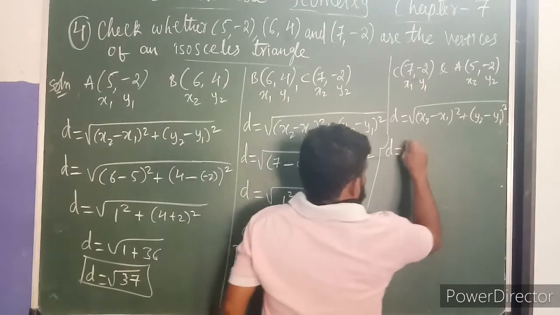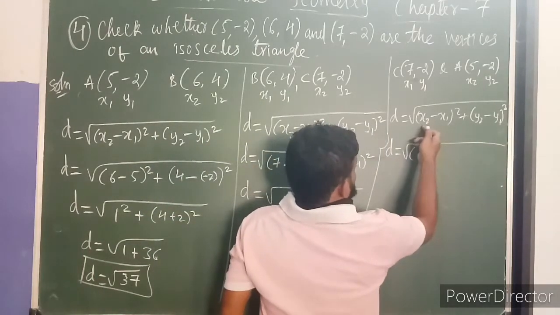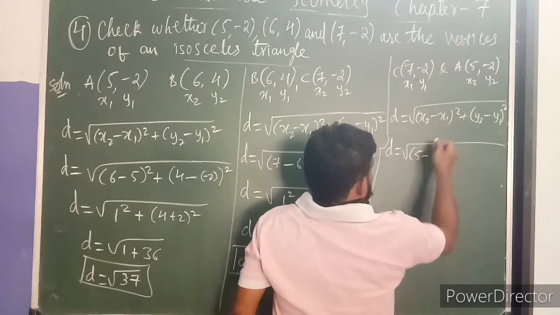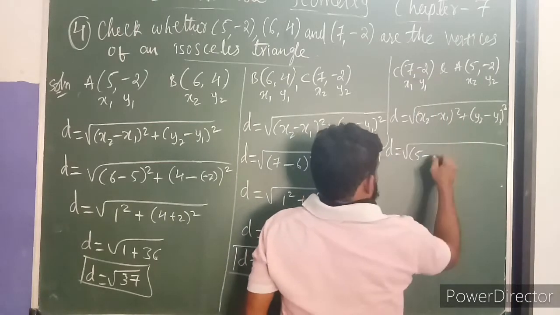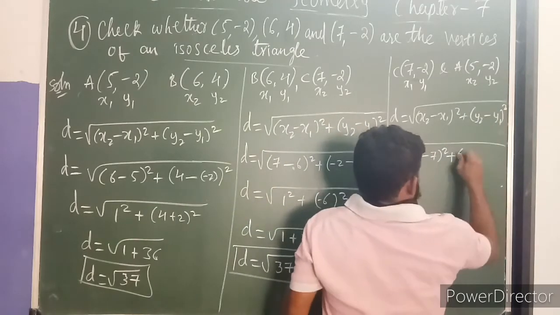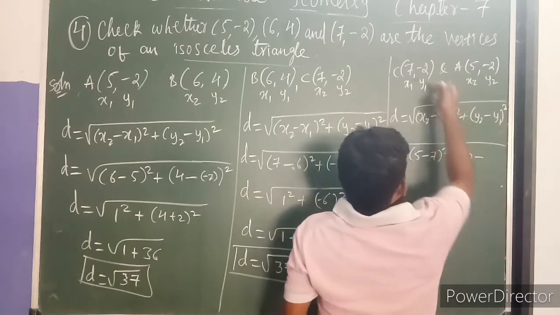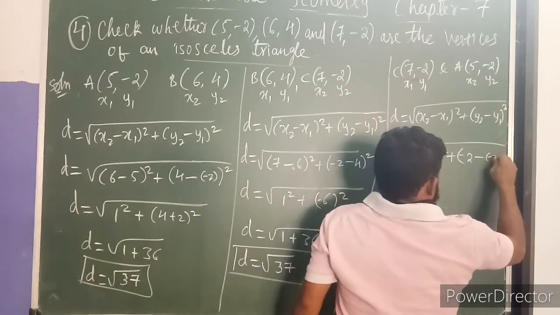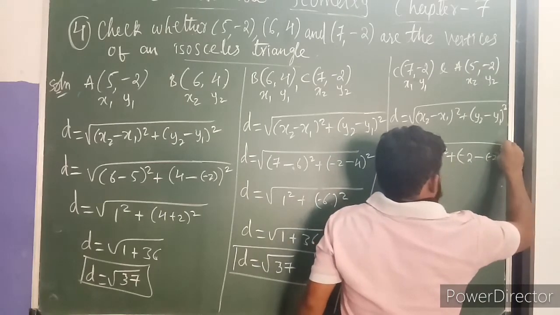Now this is equal to under root. What is x2? x2 is 5 minus x1, x1 is 7, whole square, plus y2, y2 is minus 2 minus y1, minus 2, whole square.